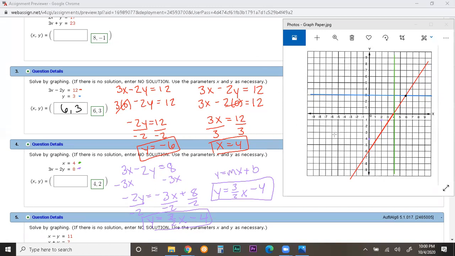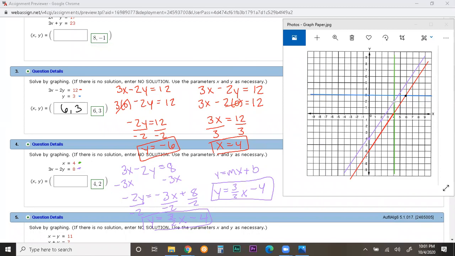So remember, in the first problem, we were working with the blue and the red line. Now we are working with the purple and the green line. Okay, so here we can see that the purple and the green line intersect here.